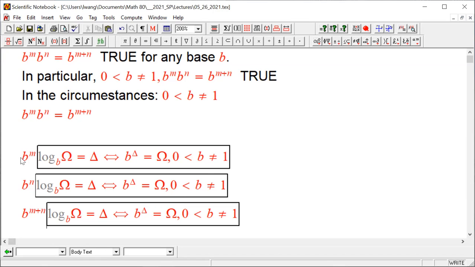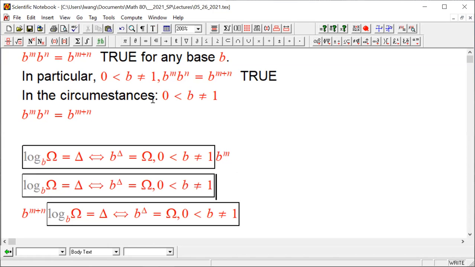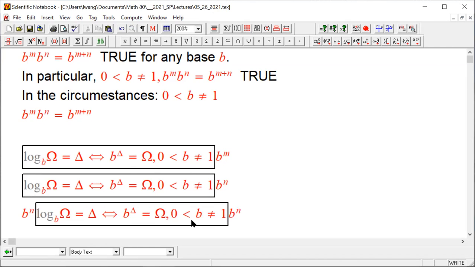Okay. Since these are on the other side, I'm going to put it on this side. It doesn't really matter, it's just closer. b to the power n, and b to the power of m plus n.